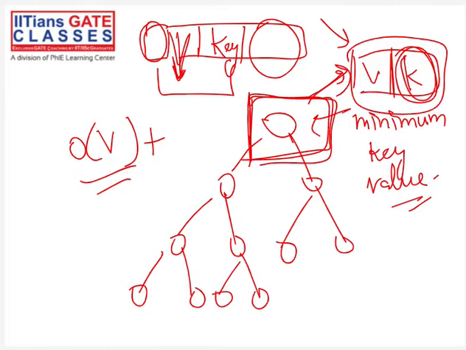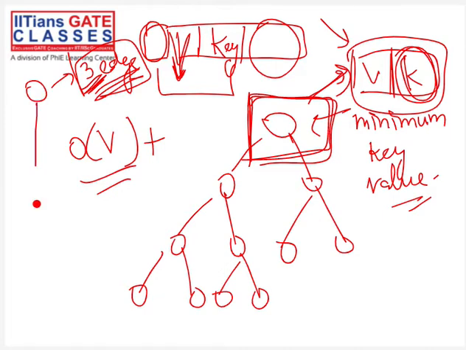Now when you take out the source, what are you actually going to do? You're going to check all the edges which are connected to that source. Let's say there are three edges connected to the source. For each edge, you know from the source to which vertex it is connected, right?